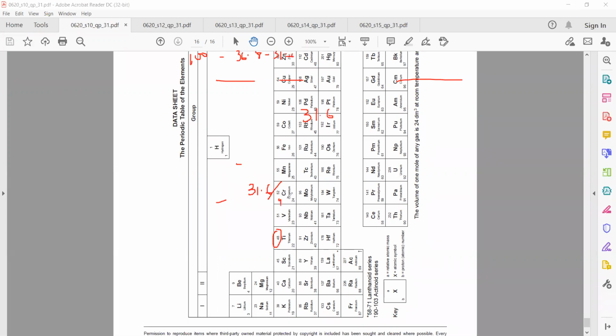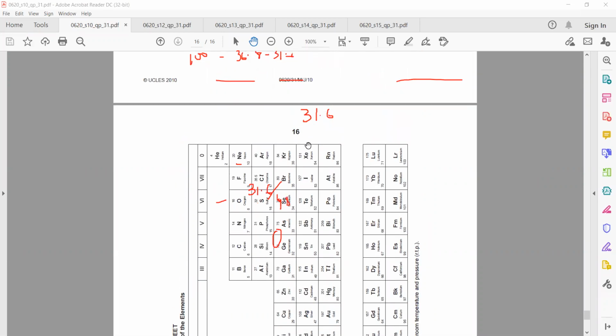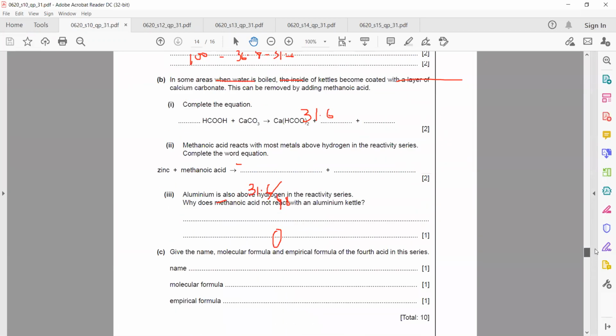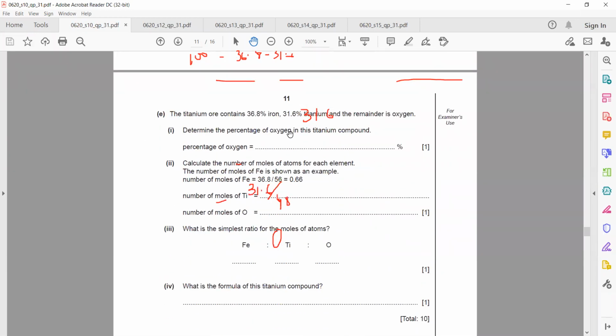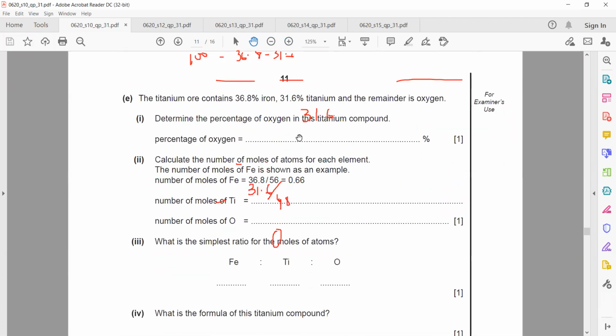So 31.6 divided by 48 gives 0.658. When you are finding a ratio, it is better to write the numbers in 3 decimal places for accuracy.